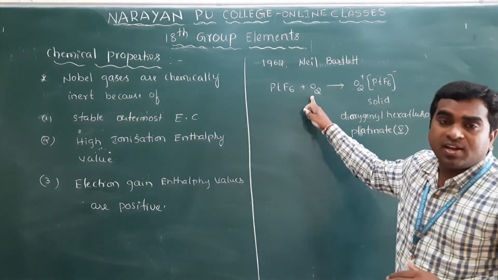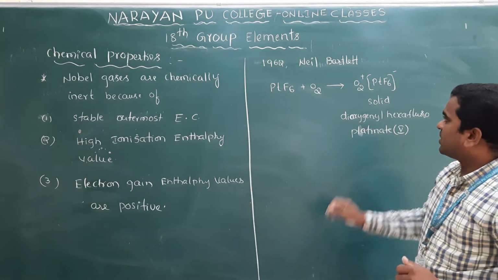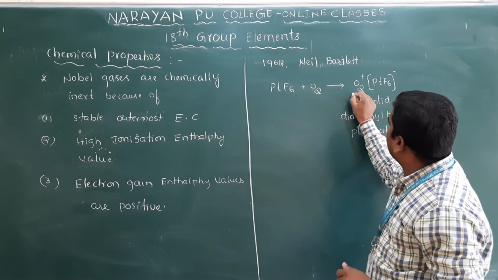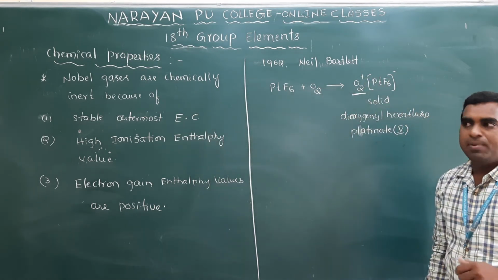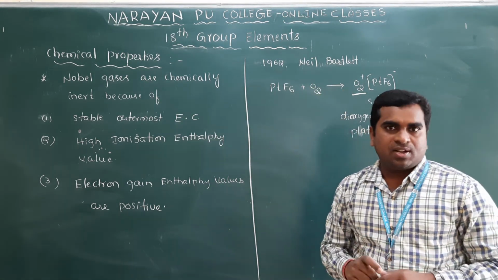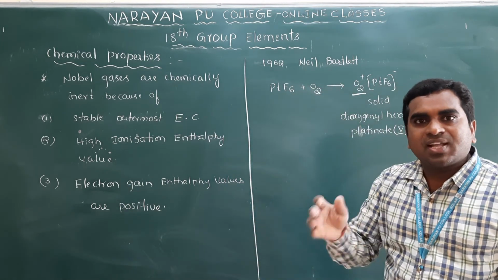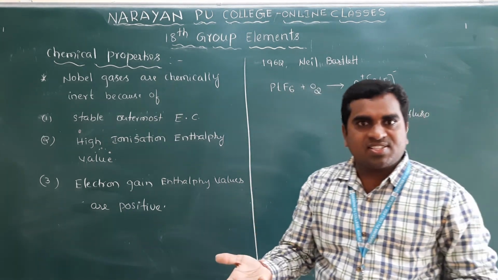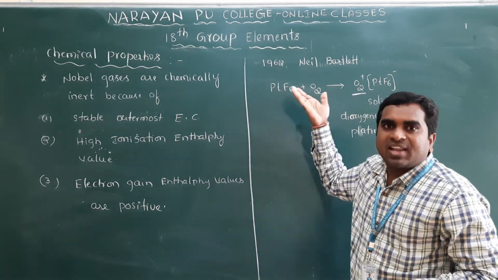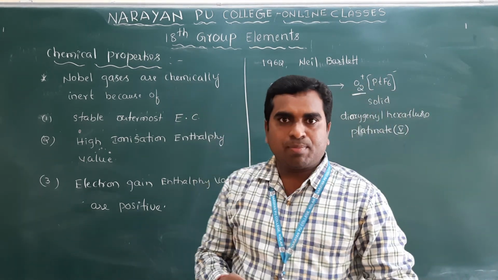Did he use any noble gas? No. But by this experiment he observed that platinum hexafluoride is a powerful oxidizing agent. It oxidizes oxygen into O2+, meaning it removed one electron from the oxygen. The energy required to remove the electron is called ionization energy.